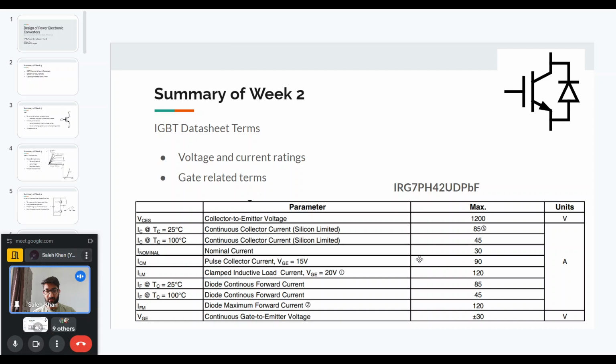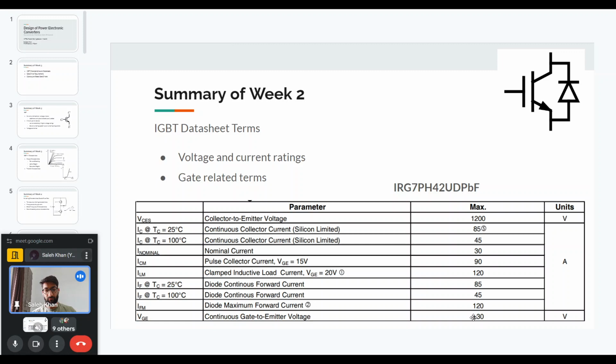Its ratings are also given, the current ratings and the voltage rating will also be given in the datasheet. And then the maximum and minimum gate voltage that can be applied are given. And this is the name of the IGBT, the part number of the IGBT for which these datasheet aspects have been taken.